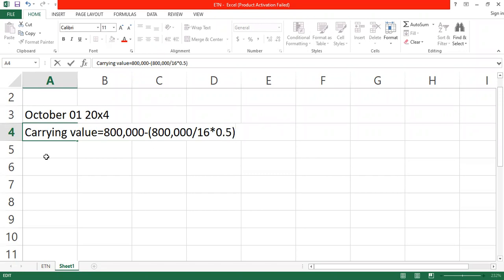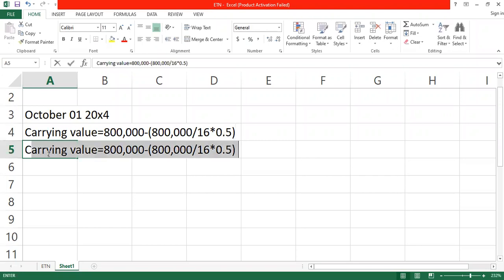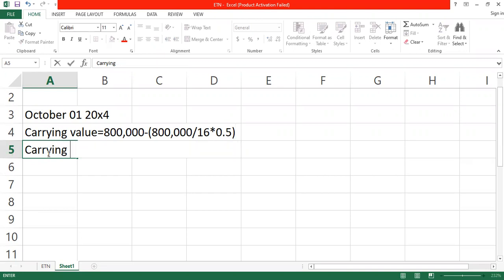So the carrying value will now be how much? 775,000. Somebody should confirm, I beg. Kati, confirm for us.